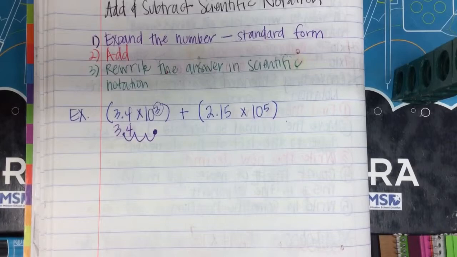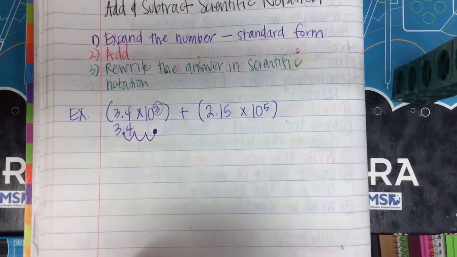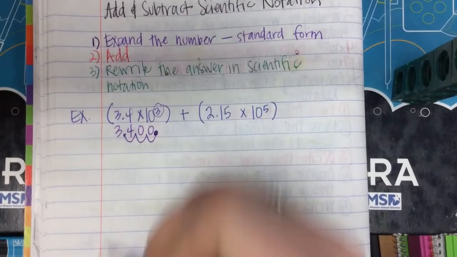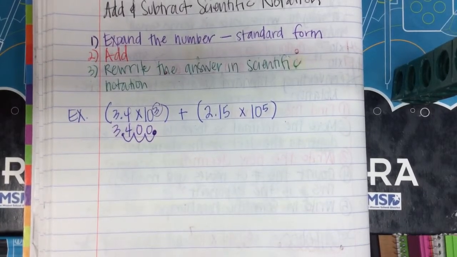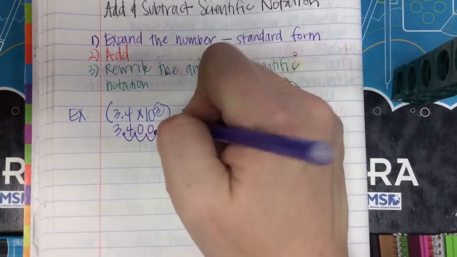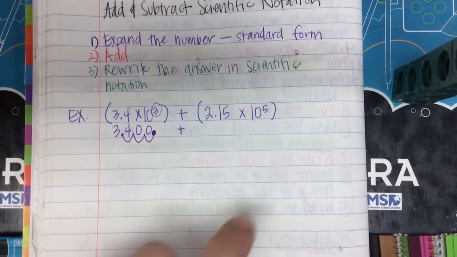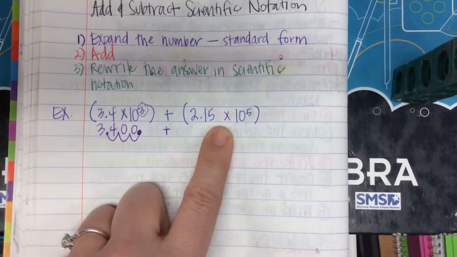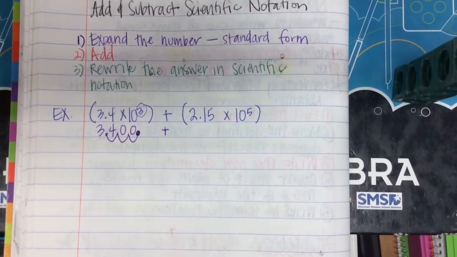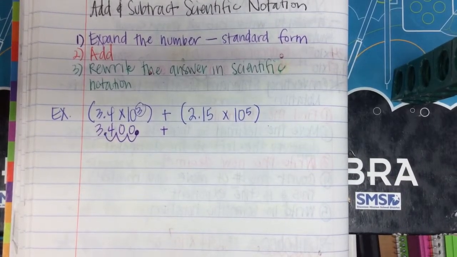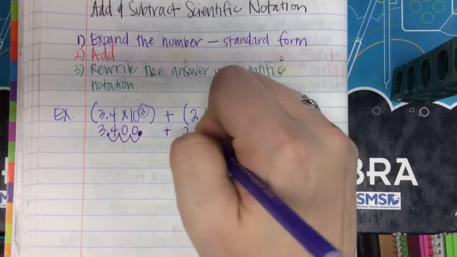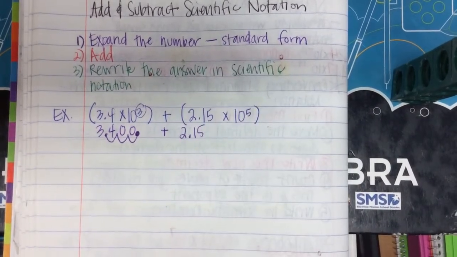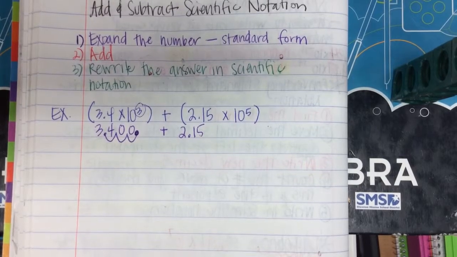Is that my answer? You have to add, fill in zeros. All right, so it's 3,400 plus. Who can tell me how to do this one? Safi? So I write the decimal, 2.15, 2 and 15 hundredths.